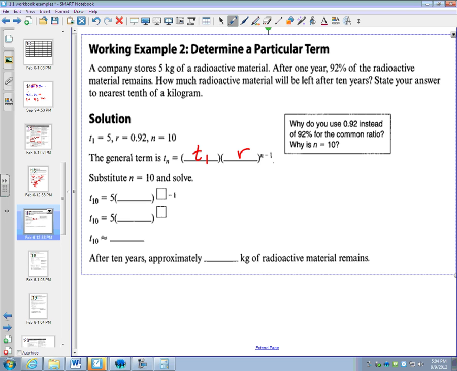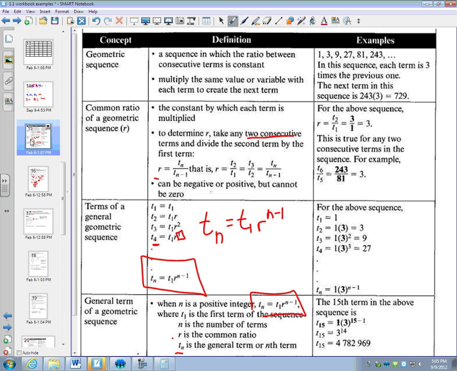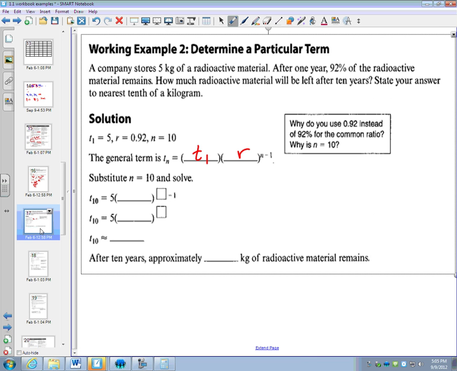If I forget that, it's in my key ideas. Now I'm just subbing in the values they gave me. N is 10 because it's 10 years. Term 1 is 5 because we started with 5 kilograms. The rate is 0.92 because 92%.